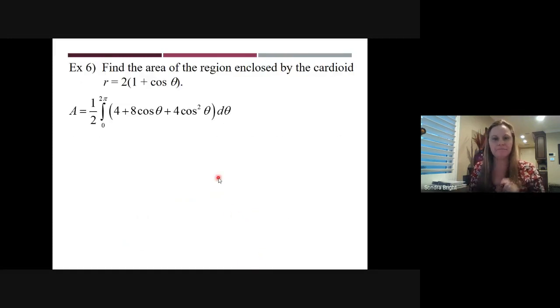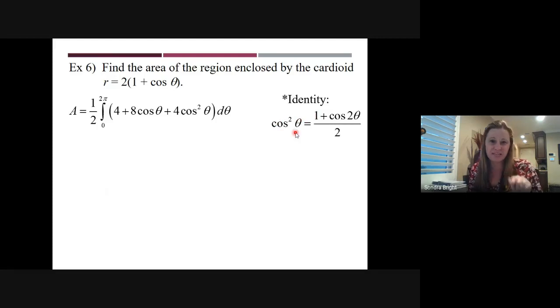All right, but here's what we can use. We can use the identity from trig that said cosine of 2 theta is equal to 2 cosine squared theta minus 1. I just rewrote it and solved for cosine squared. This is not the first time you're seeing this in this class.